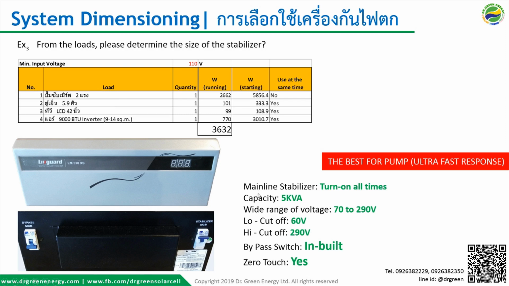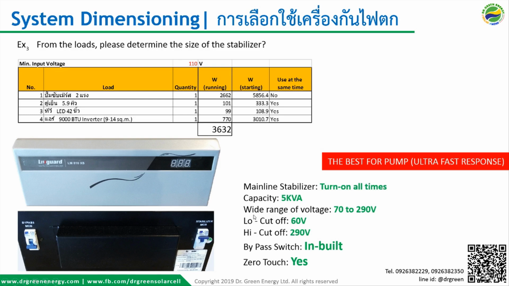So you have to choose the mainline stabilizer, which can work at all times, so that means you can turn on this stabilizer 24 hours, all the time. And by this table, for the capacity of the stabilizer, we can use 5 kVA.